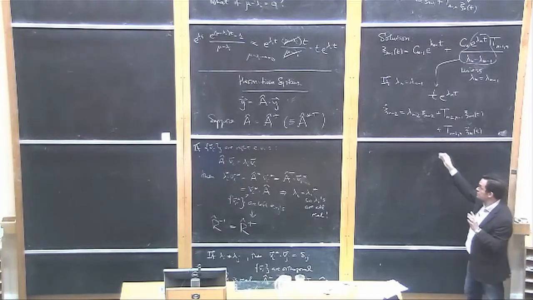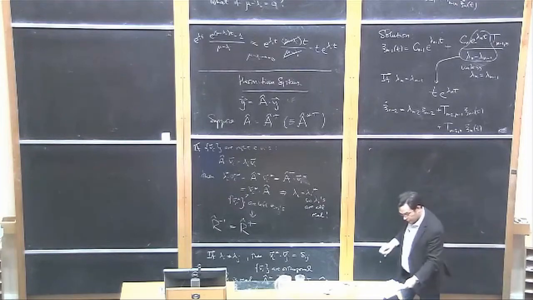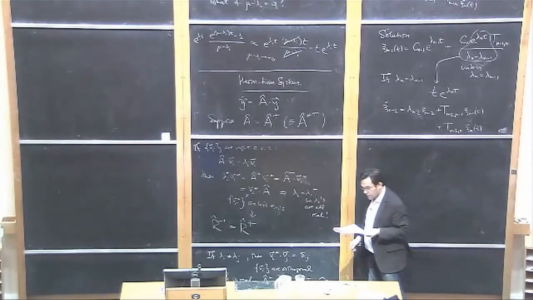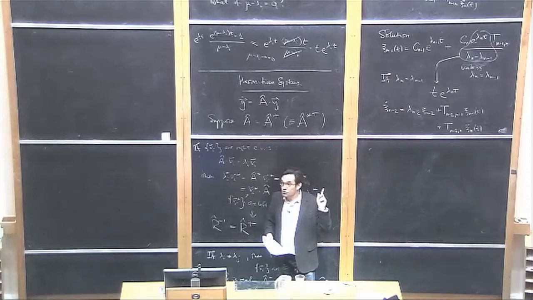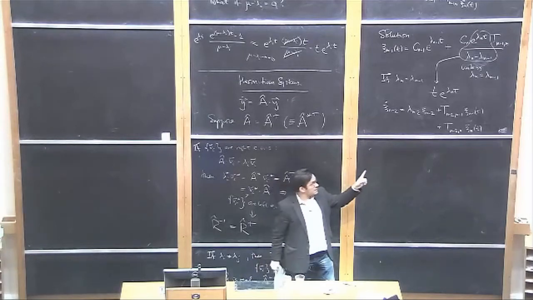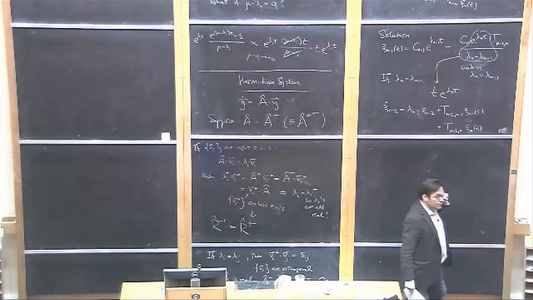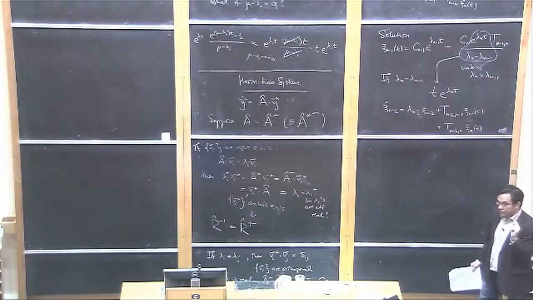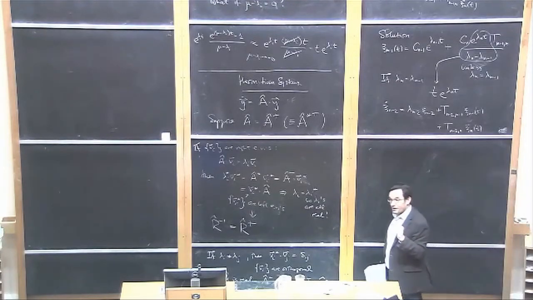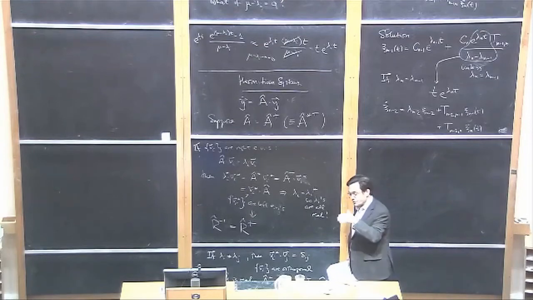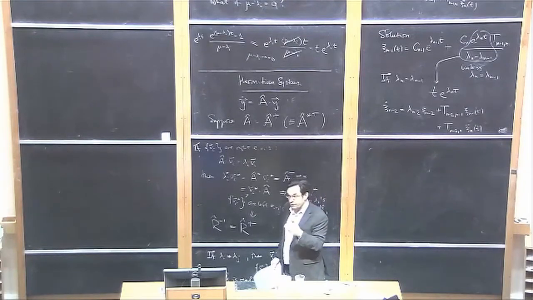There's no stipulation that the triangulating transformation is unique. This just says there exists a unitary matrix, but nobody says that no other transformation can turn your matrix into a triangular form.